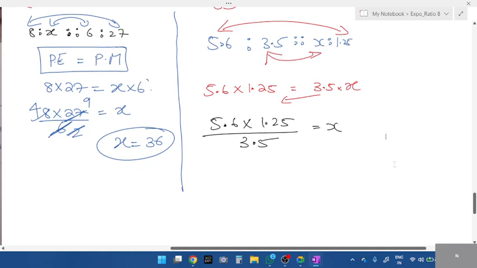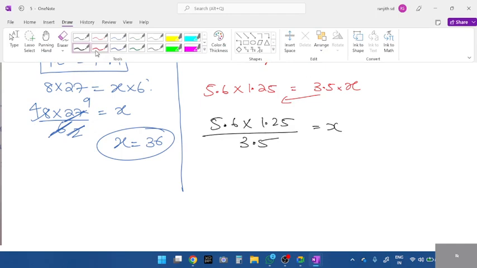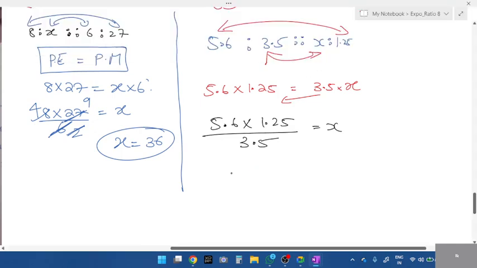Okay. How come 120? Okay, let me solve. Others completed. Remove the decimal, students. Okay, you'll respond. I'll write it.